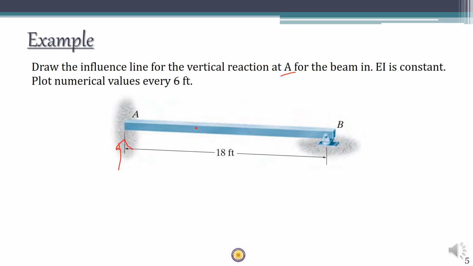As you can see, there is one reaction here which is BY, and since the beam is fixed, there is going to be a moment as well. So 3 reactions, 2 available equations, so the beam is indeterminate to 1 degree. The indeterminacy is 1. Since we have to find the influence line diagram for the vertical reaction at A, we can consider the vertical reaction at A as redundant, right?